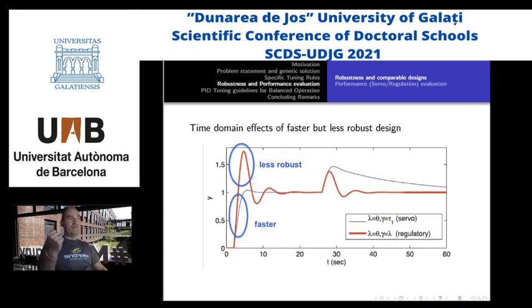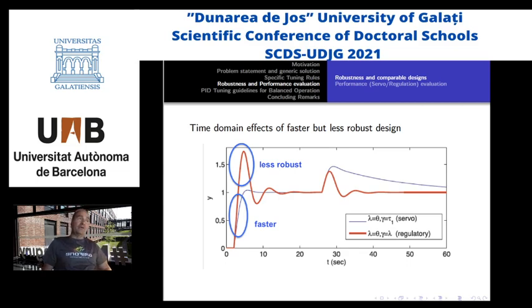In fact, if we compare one tracking design and one regulation design, we can see that the regulation design, the red one, is faster. You can see that the rise time is much smaller on the red response than on the blue response. And it is less robust because you have a very large overshoot and some oscillations.